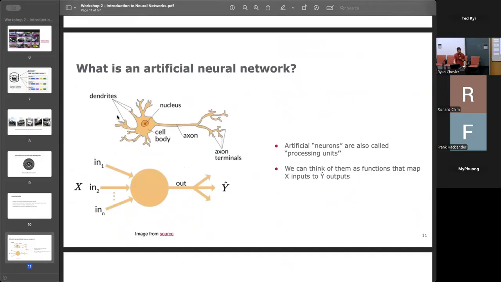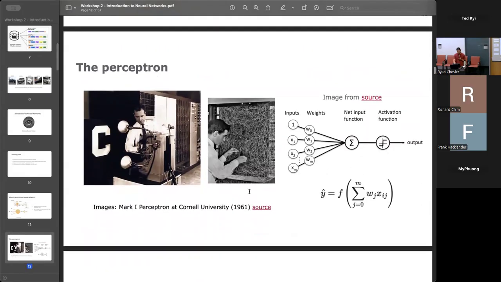In real neural networks, you have these dendrites that receive signal from somewhere, and then it gets processed in the middle, and it decides, am I going to fire off some signal to the next neuron or not? This is the inspiration of the artificial neural networks that we've created. They actually function pretty differently. There are people researching spiking neural networks, which is a totally different field, but we still call them neural networks, even though they operate significantly differently.